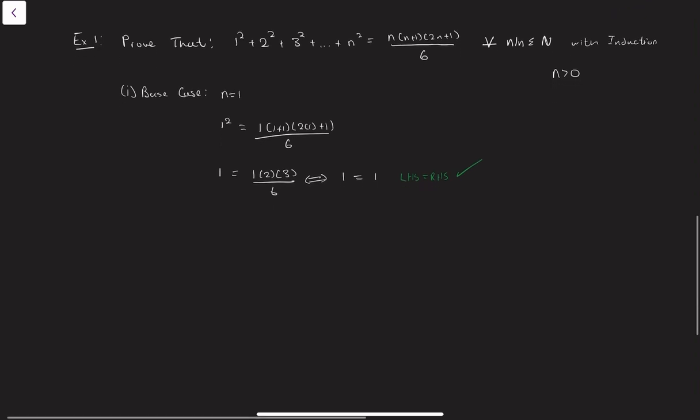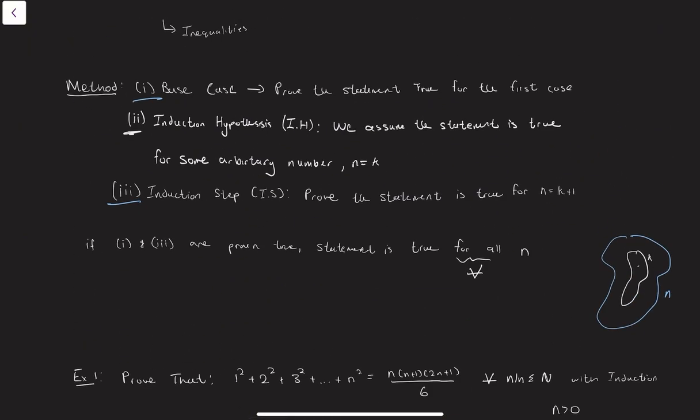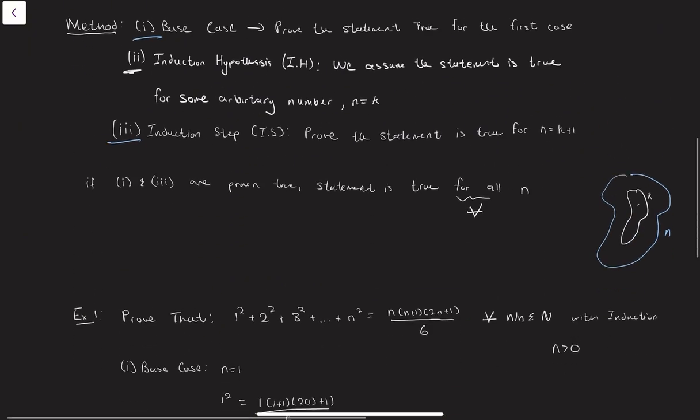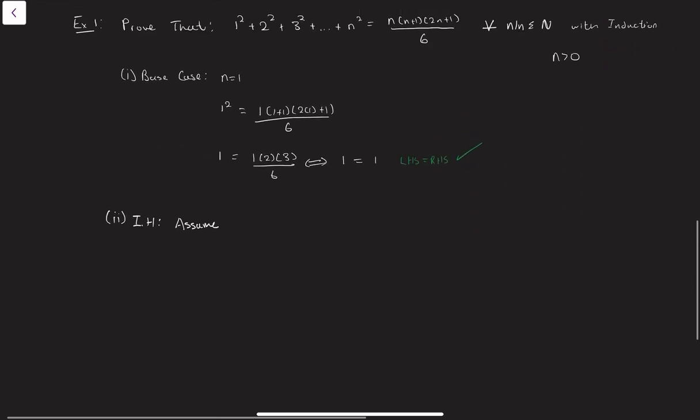Fairly straightforward. Now the induction hypothesis, and I'll write I.H. Again, assume, because again, the induction hypothesis is just an assumption that we say that n is equal to k, some arbitrary number n is equal to k.